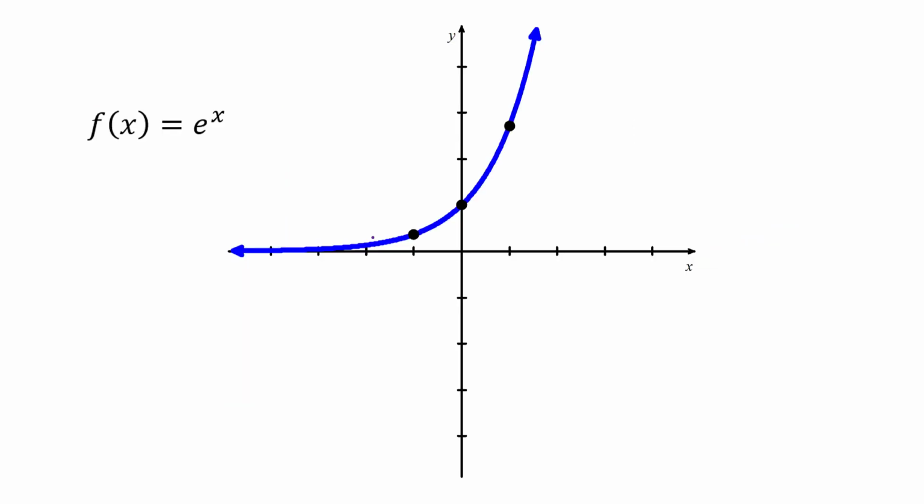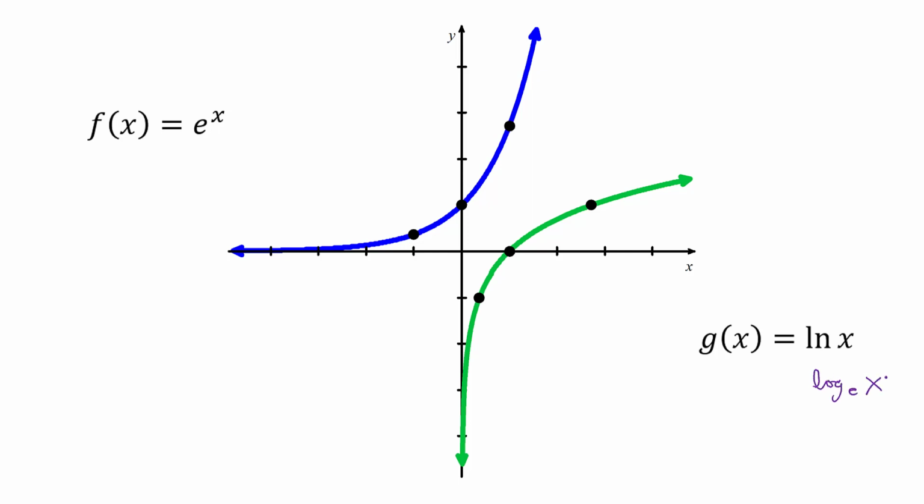Let's look at f of x equals e to the x along with g of x equals natural log of x. Keep in mind this is log to the base e of x. And note that these two graphs are symmetric about the line y equals x, and indeed e to the x and natural log of x are inverse functions.